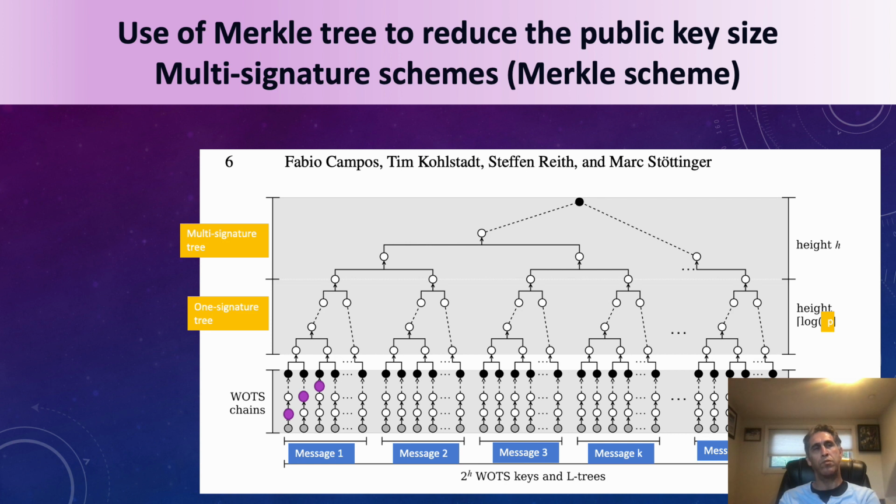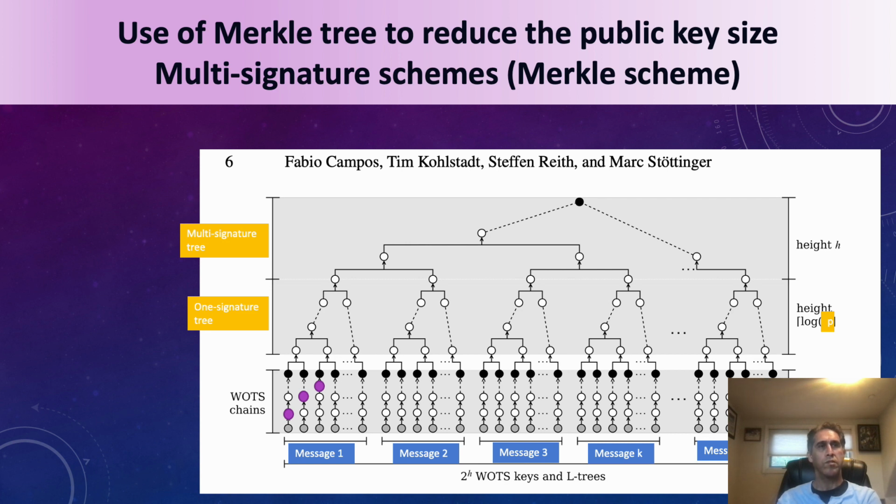So what people do is they put these things into a scheme called a Merkle tree. There's a very smart guy who, around the 70s, came up with this scheme. You hash all these things, and you come to this point, which is called the root of this tree. This root serves as a public key for all of these signatures.